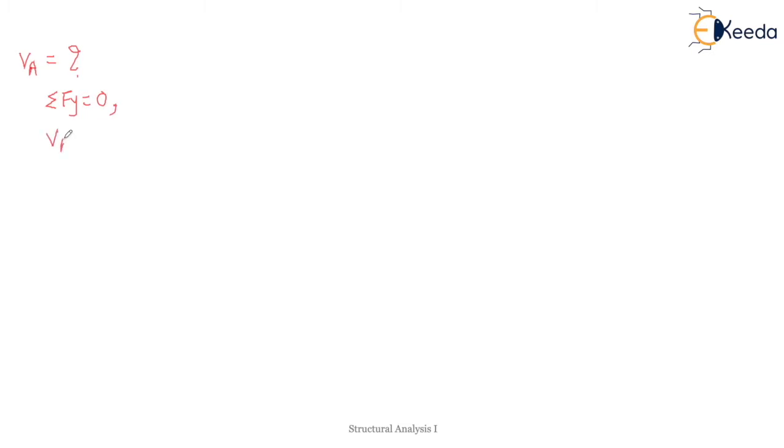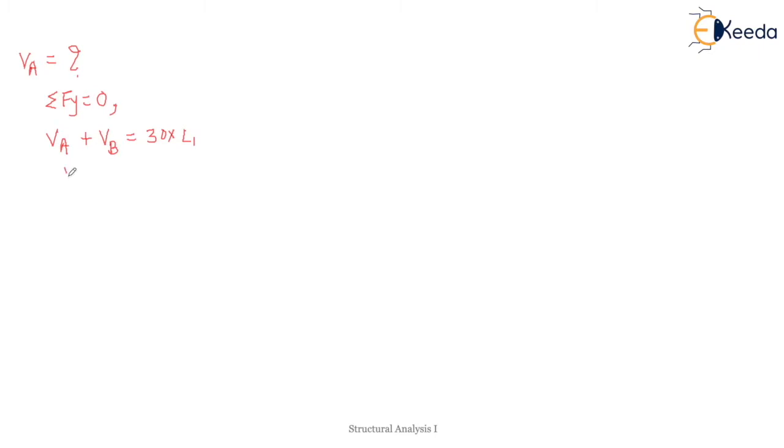We see VA plus VB. The vertical forces are only VA plus VB, and then there is this UDL, that is 30 into that span, and that span is L1, where our L1 value is 22.54. And VB value is 147.28.